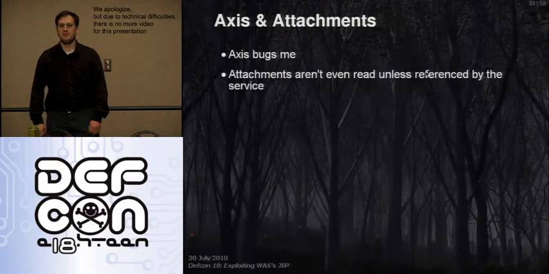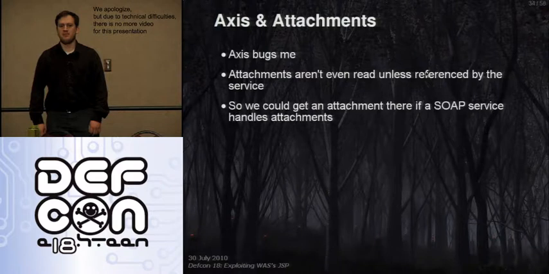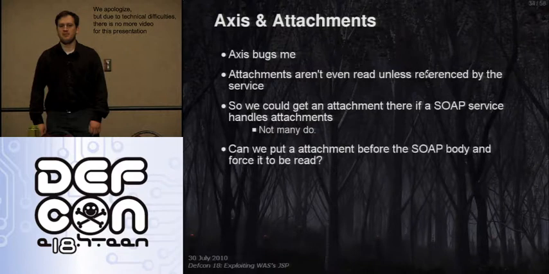So if your service doesn't handle attachments, it doesn't even bother reading them, so it doesn't get to the point where it caches to disk. It's rather frustrating because we'd have to find a SOAP service that handles attachments, and at least where I work, we don't have very many of those, if any. So it's a lot rarer to have this, which makes our attack a little harder.